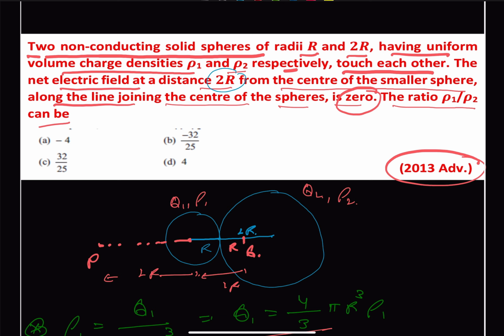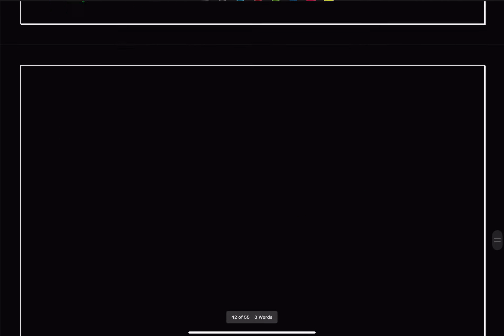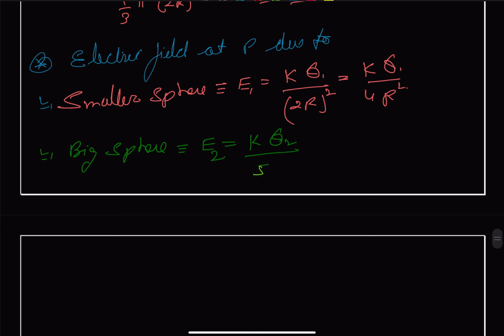So we need the distance from the center here. We already have this as 2r up till here, and this is 3r, 4r and 5r. So this distance is 5r. So we get 5r whole square, giving us k q2 upon 25r square.